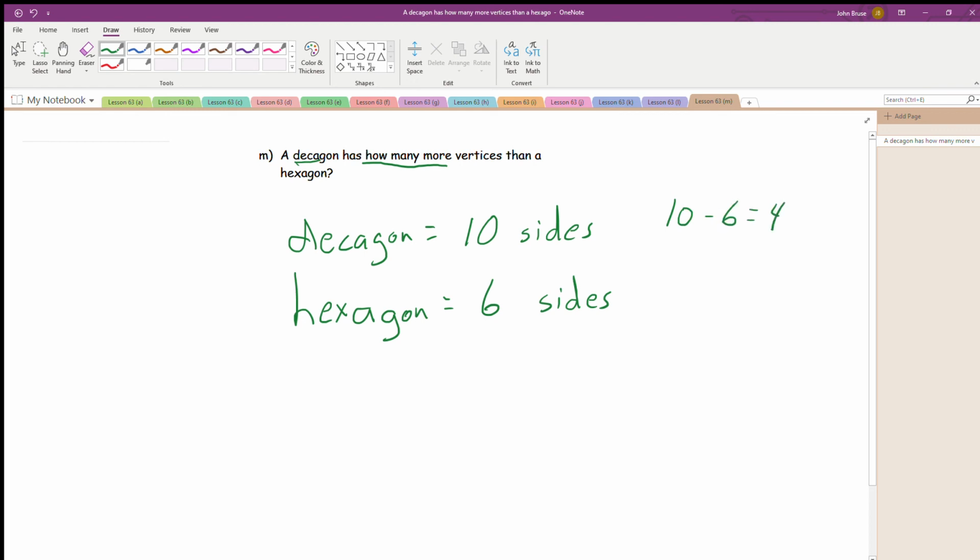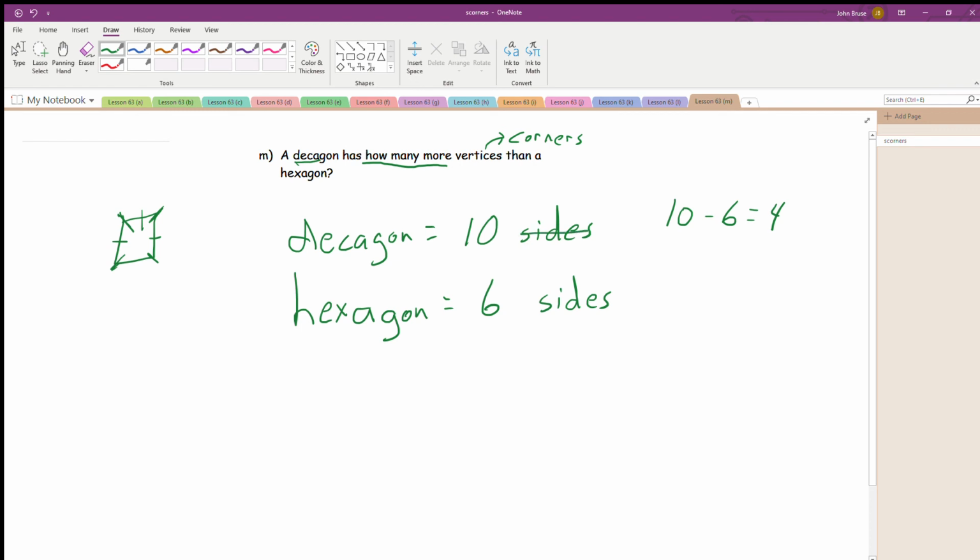So our answers would be, oh, I messed up. So that was sides. When you draw a picture like this, these are the sides. But these corners here are the vertices. So vertices is another way of saying corners. And luckily, the decagon has 10 corners, or 10 vertices, and the hexagon does as well.